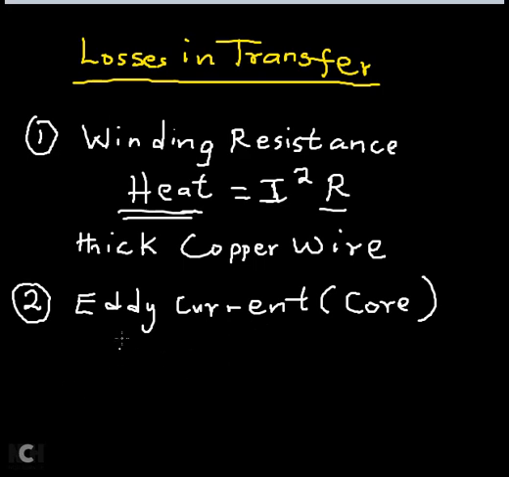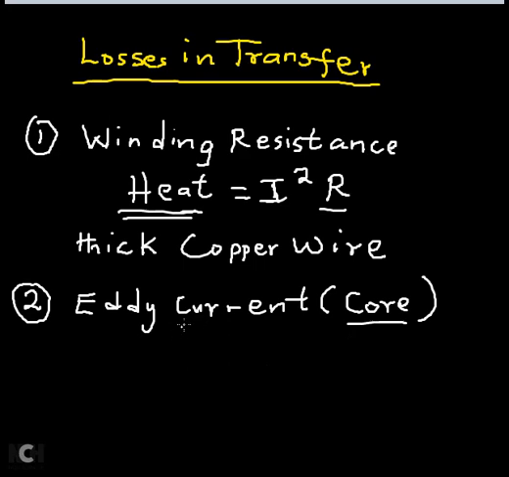That change in flux will induce an opposing current in the core, the core that is used to transfer the flux, and that can also produce heat.